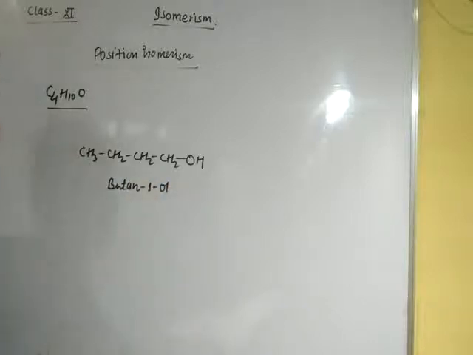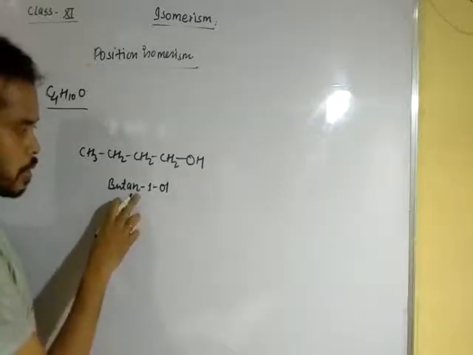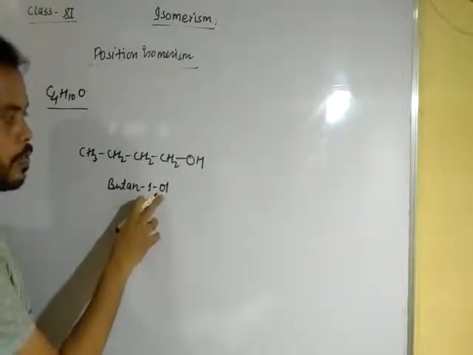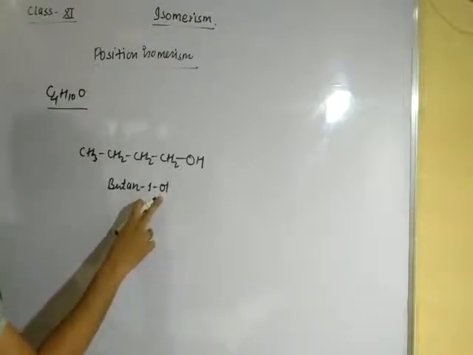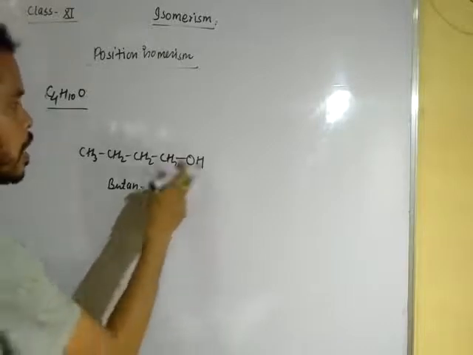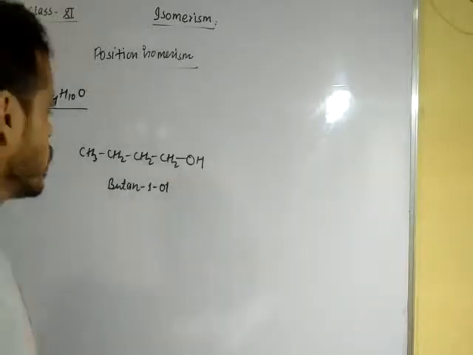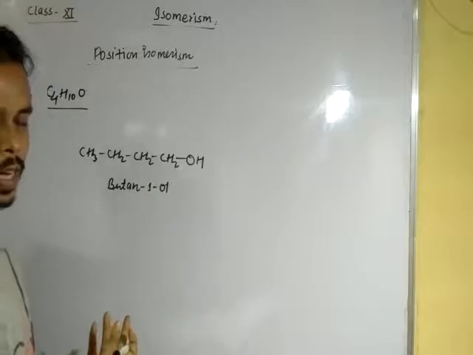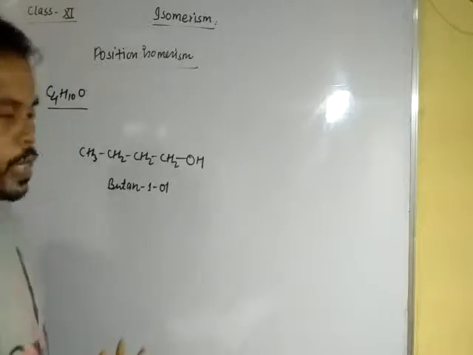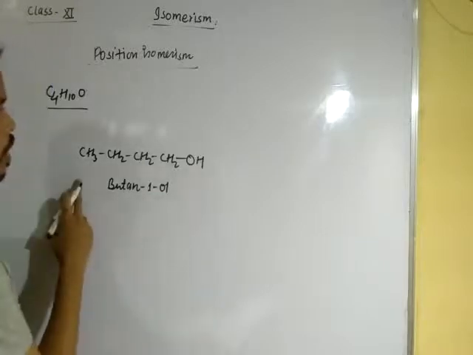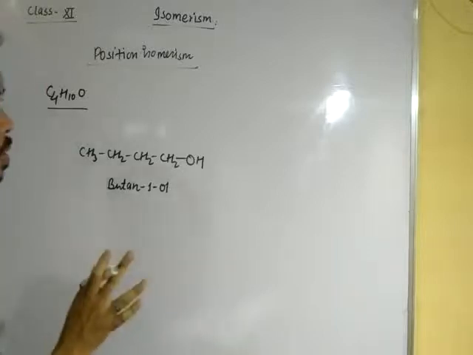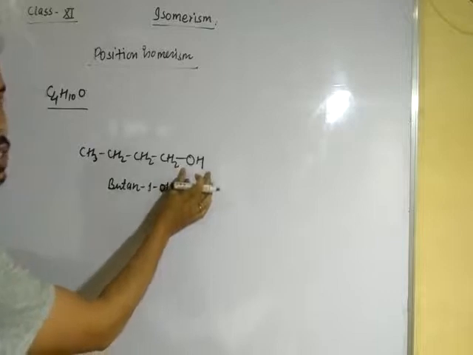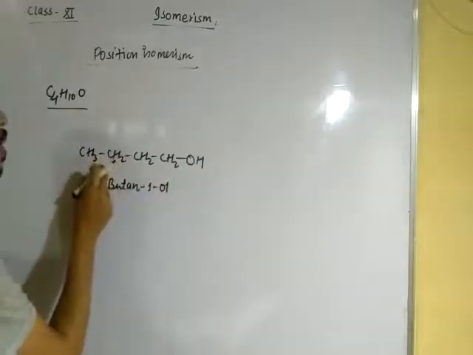Clear, dear student? By replacing the 'e', we add the suffix 'ol'. This indicates the compound is an alcohol. Or you can write 1-butanol. Now for another example, we change the position of the hydroxy group, not the position of carbon.